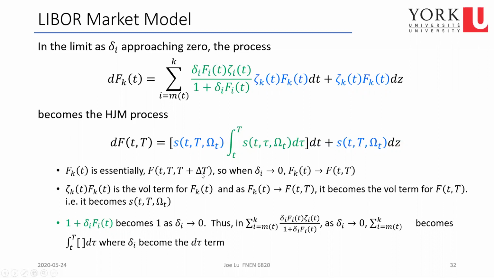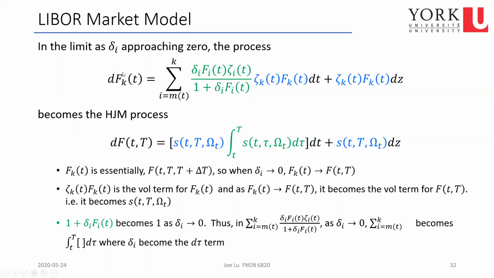But then you are shrinking this difference, so k plus 1 becomes closer and closer to k. Just writing a different notation, you have F(t, T), where t is still this t and this big T is just this k here. So this becomes the instantaneous forward rate.